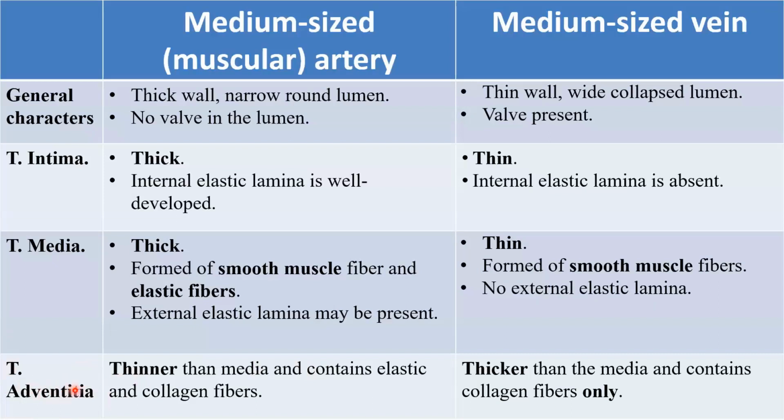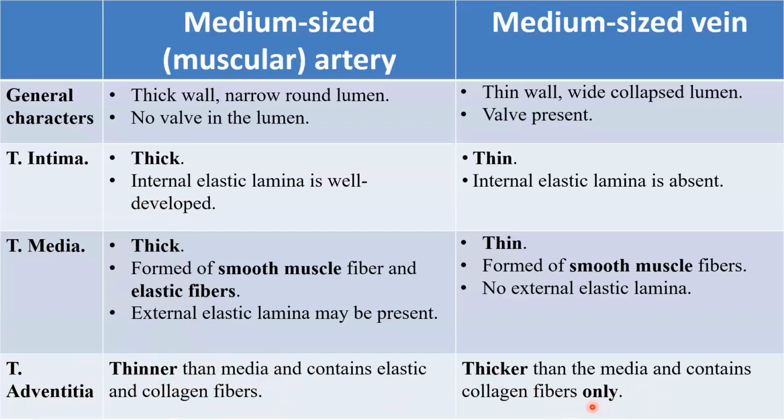Regarding the third layer, tunica adventitia, it is thinner in the artery, thinner than media and intima when we compare the thickness of the three layers, and contains elastic and collagen fibers together with the vasa vasorum. In the veins, the medium-sized vein adventitia is thick and it's only formed of collagen fibers. No smooth muscles are present.